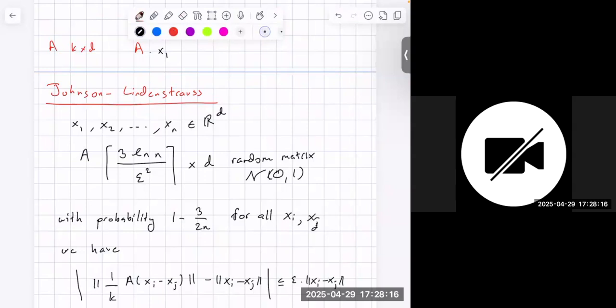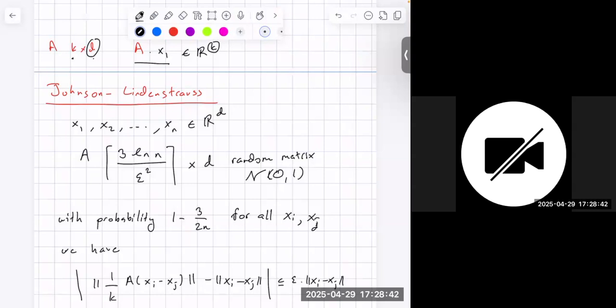But observe that A times X1 will be in R^K if my matrix was K times D. So effectively, my data went from D features to K features. That's the dimensionality reduction. After you multiply all your data points with this matrix, everybody is going to go from this dimension to this dimension. And it's just logarithmic in terms of the number of data points you have.